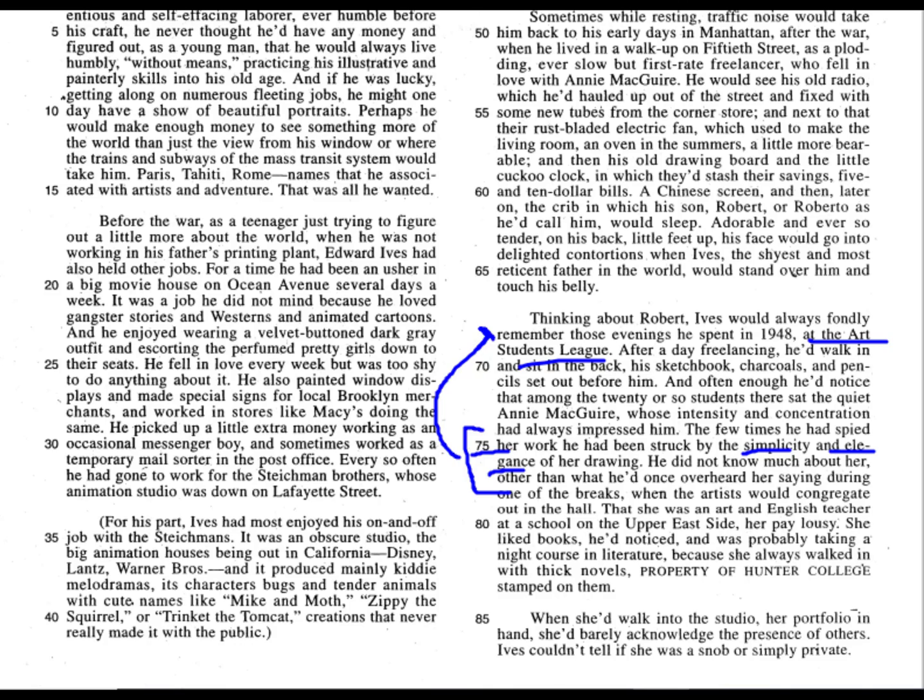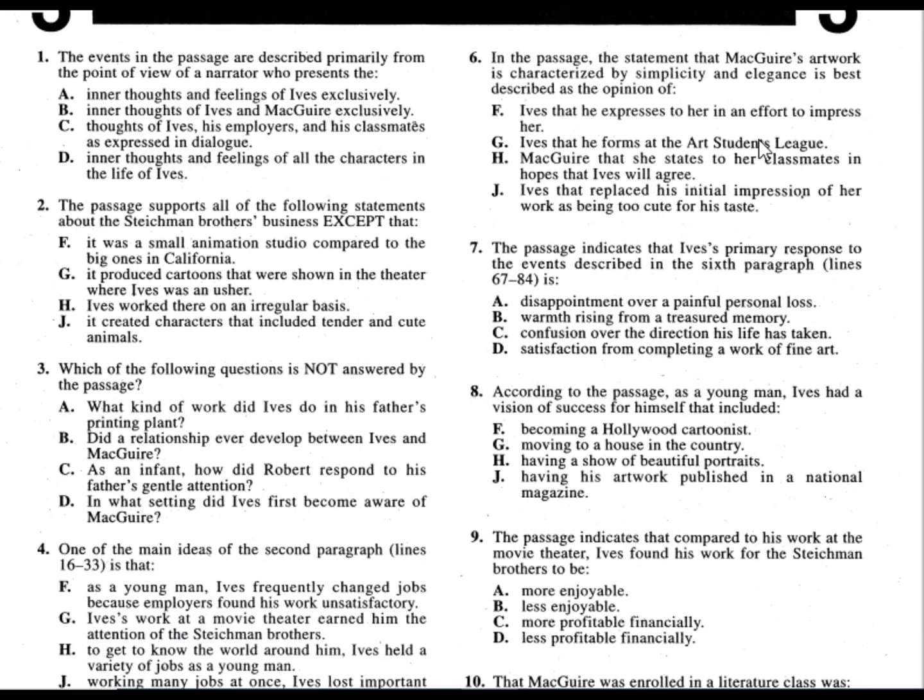Okay, so now we know that he saw McGuire at the Art Student League. When we go back down to our answer choices, the answer choice pops off the page. It's answer choice G because that's the only one that says something from the topic sentence. G, look at your topic sentence for your secret tip on this problem.